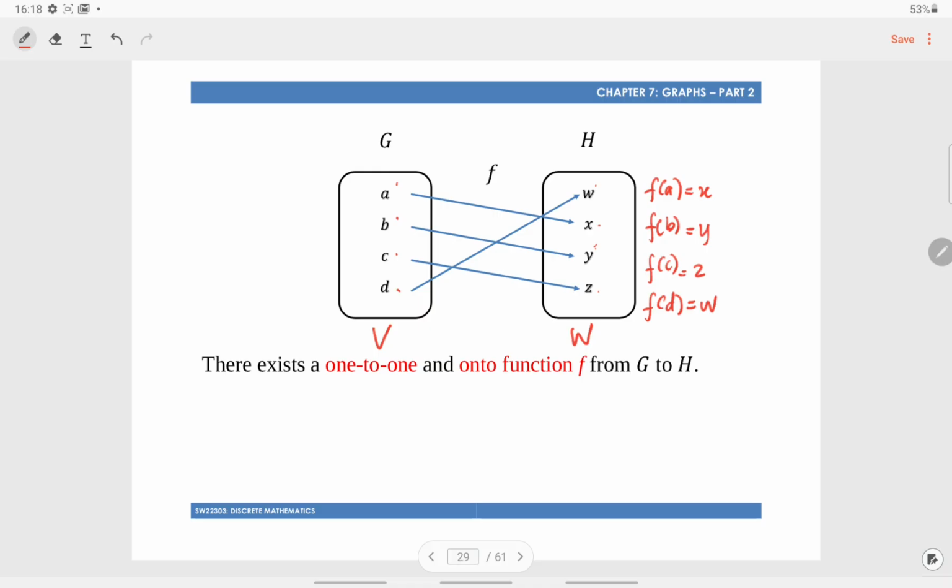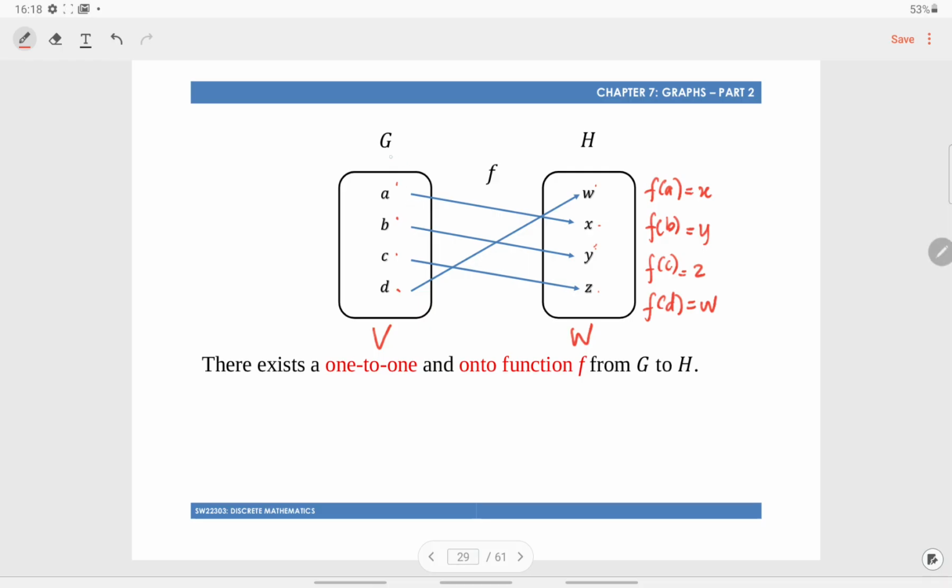Next we check whether the function f is one-to-one and onto. Yes, it is one-to-one because one element in V is mapped to one element in W. The second question, is it onto?